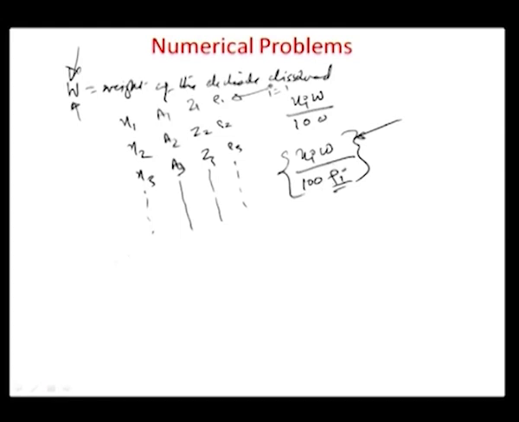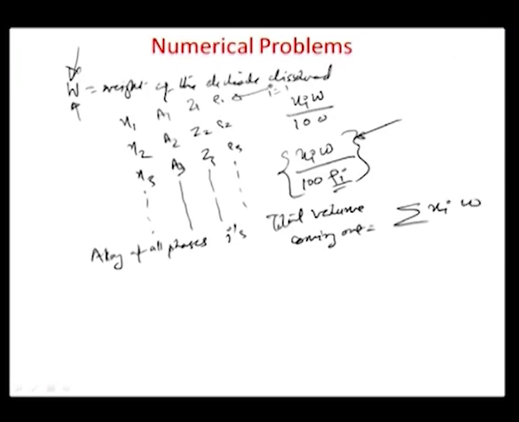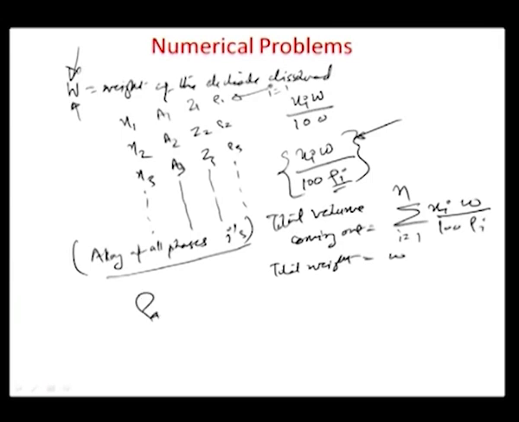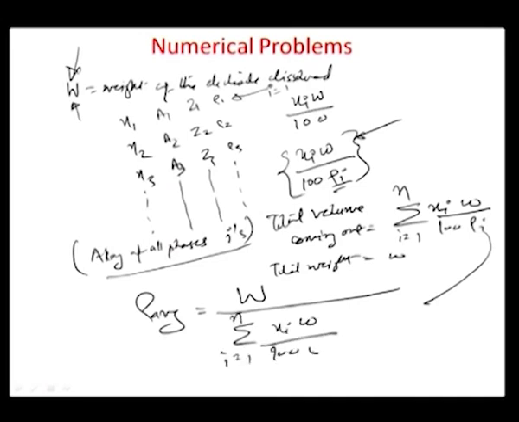If I assume that the alloy is composed of all phases i, the total volume is given by the sum of xi W by 100 rho i, where i varies from 1 to n, maybe there are one phase or n phases of different materials, and the total weight you already know is W. So the average density can be written as the total weight divided by the total volume, which is the sum from i equal to 1 to n of xi W by 100 rho i.